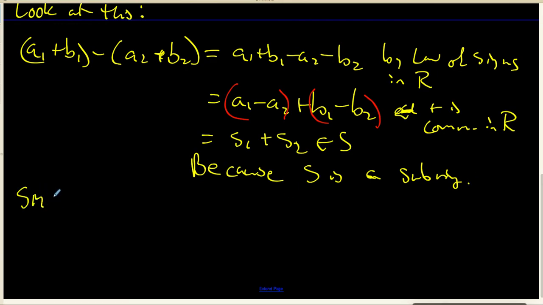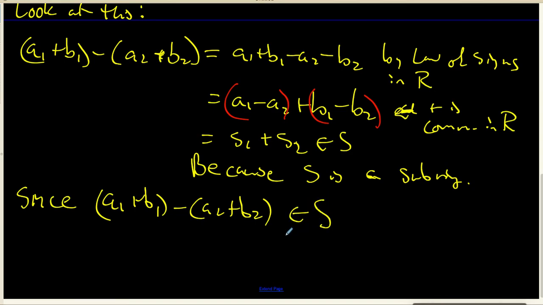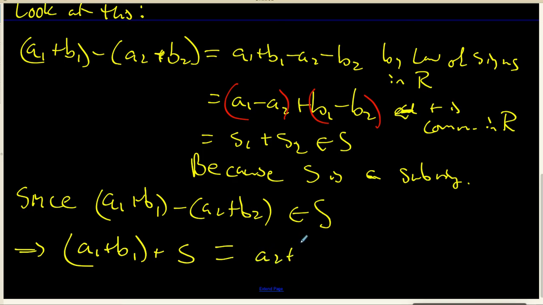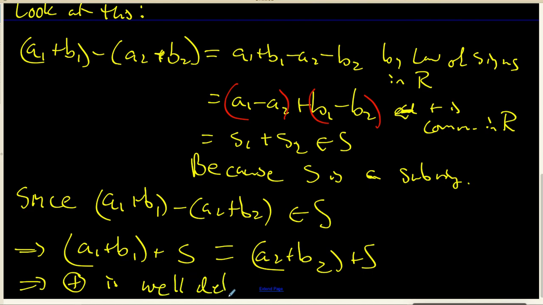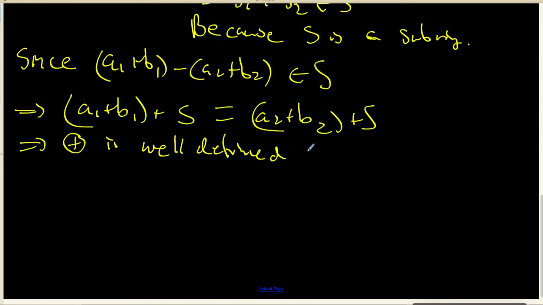And since A1 plus B1 minus A2 plus B2 does indeed belong to the subring, that tells us that A1 plus B1 plus S is equal to A2 plus B2 plus S, and that's enough to say that our addition is well defined on the set of cosets of S.